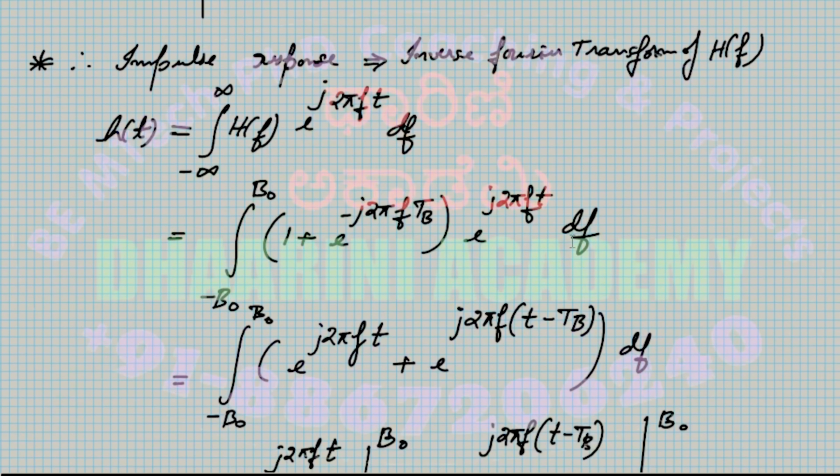Then let me try to get the impulse response. Impulse response is normally denoted as h of t. If you have an H of f, which is a frequency domain term, take its inverse Fourier transform to be specific. Whenever you take that, you will come back to the time domain, h of t.